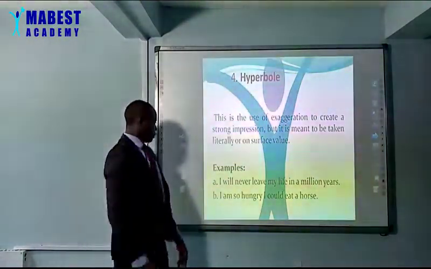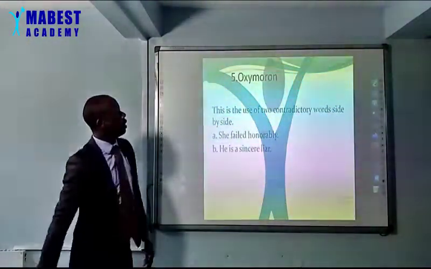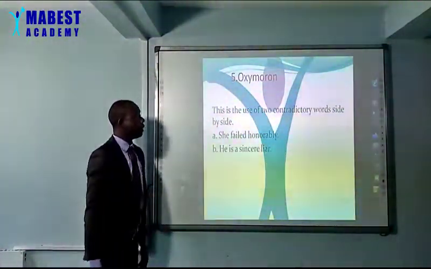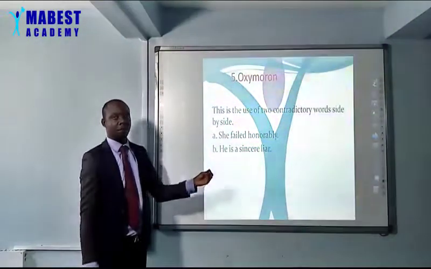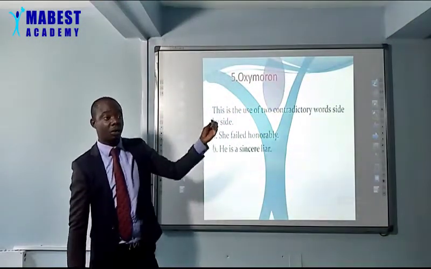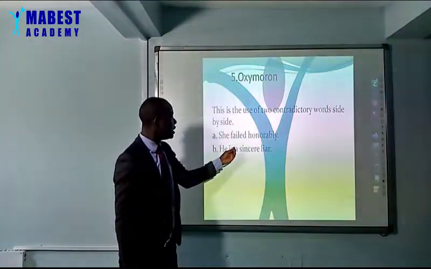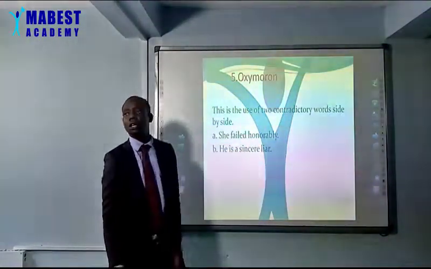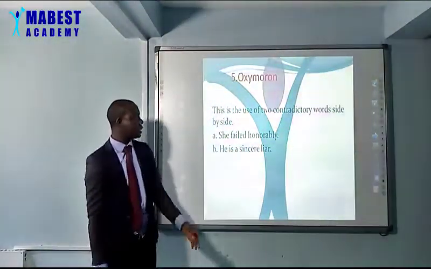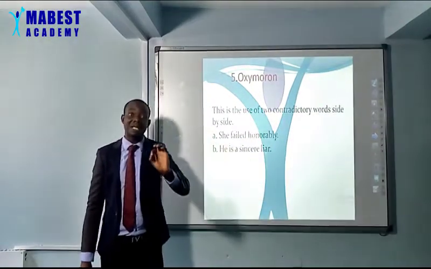Okay, then let's move to the next one. Oxymoron. This is the use of two contradictory words side by side. Now, "she failed honorably." "He is a sincere liar." You will agree with me that failure and honor are two contradictory words.